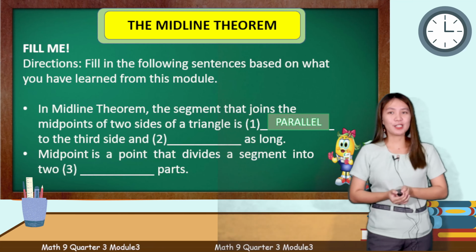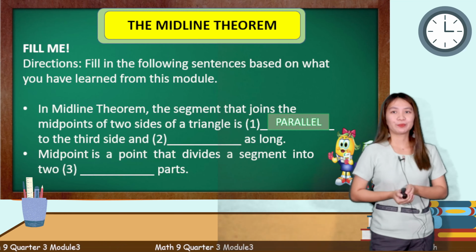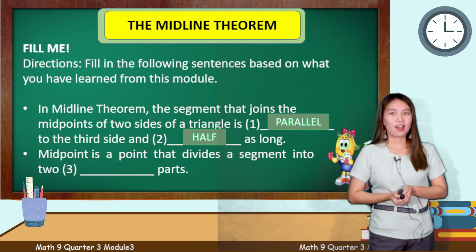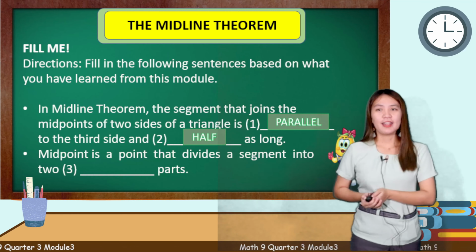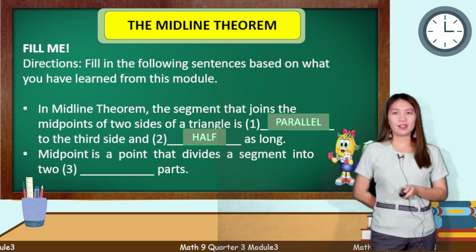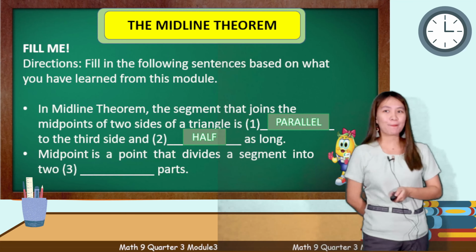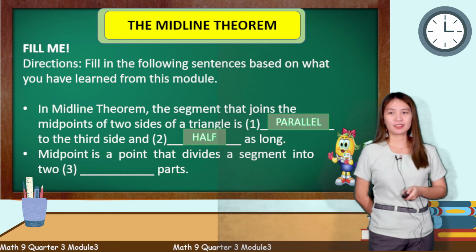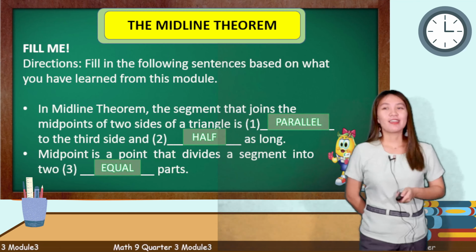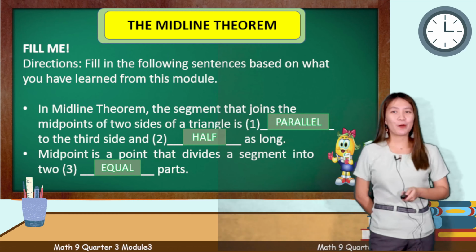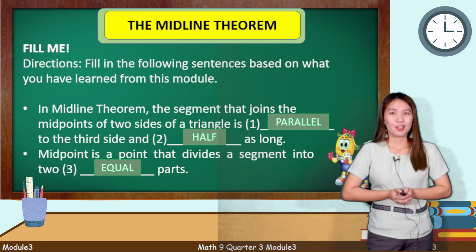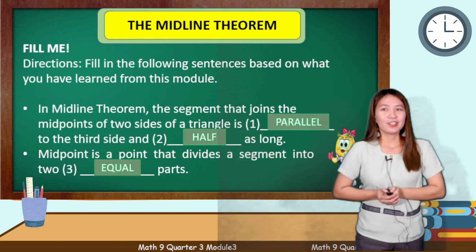So what is the answer for blank number 2? That is half. Very good. And lastly, midpoint is a point that divides the segment into two blank parts. What is our answer? That is equal. Midpoint is a point that divides a segment into two equal parts. Did you understand? Great!